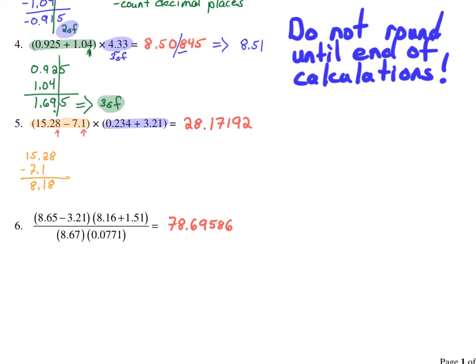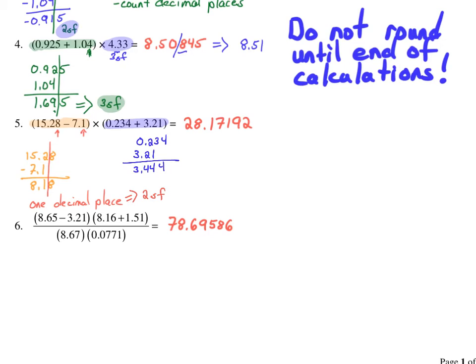So we can only use 1 decimal place. For this result, when we have 1 decimal place, that indicates that this is a number where we can justify 2 sig figs.